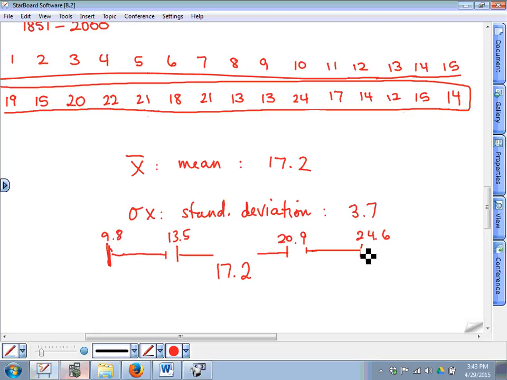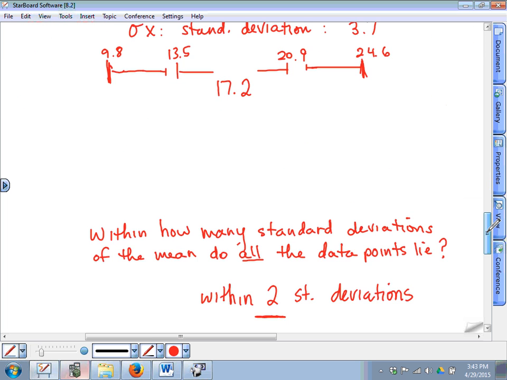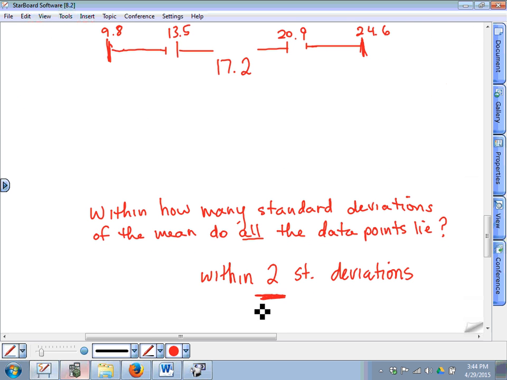So between 9.8 and 24.6, does that encompass all of the data points? There's nothing higher than 24. There's nothing smaller than 12. So all of the data points in this table would lie within two standard deviations. This is how you would answer that question.